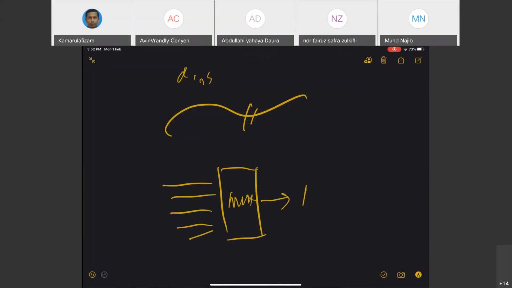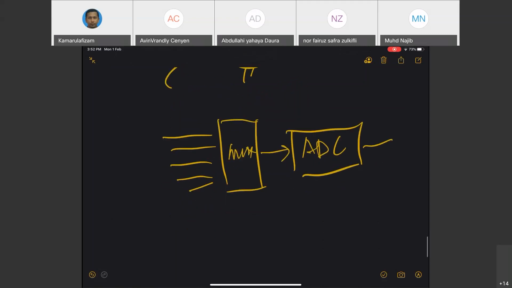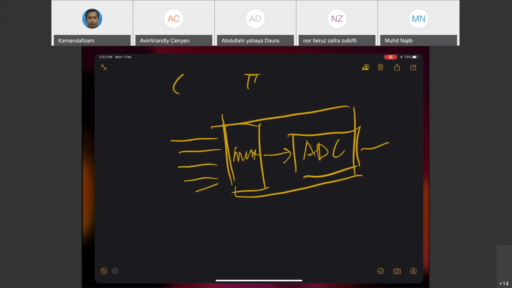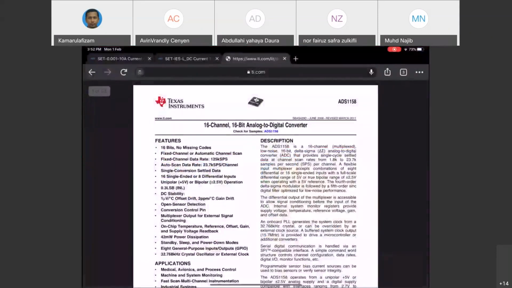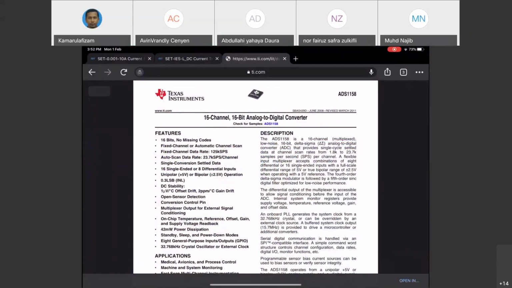This is a very basic block set that you can split things up into, but it is very basic and very old. Nowadays the mux goes into one ADC, so that the ADC can do the work of the multiplexer and also do its own work in changing the logic. So in this case we are looking at a 16-bit ADC, 16 channel.